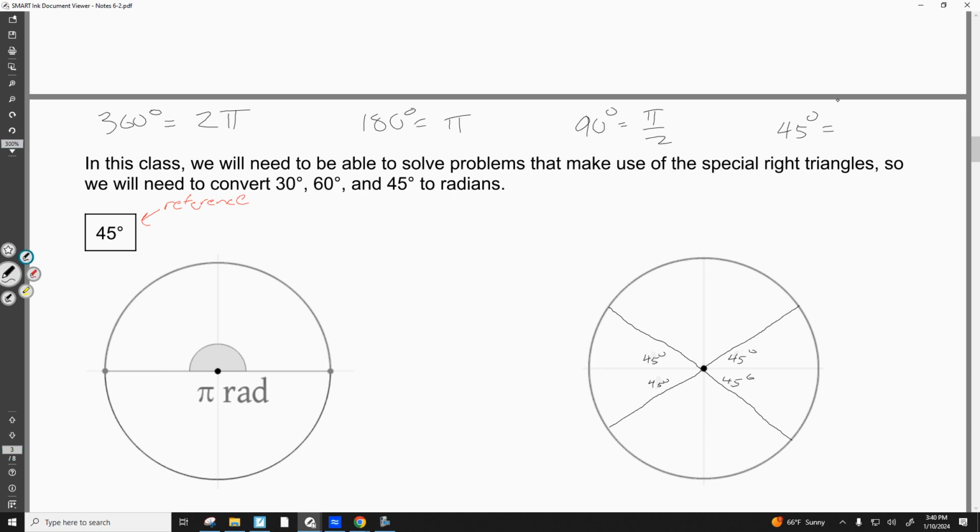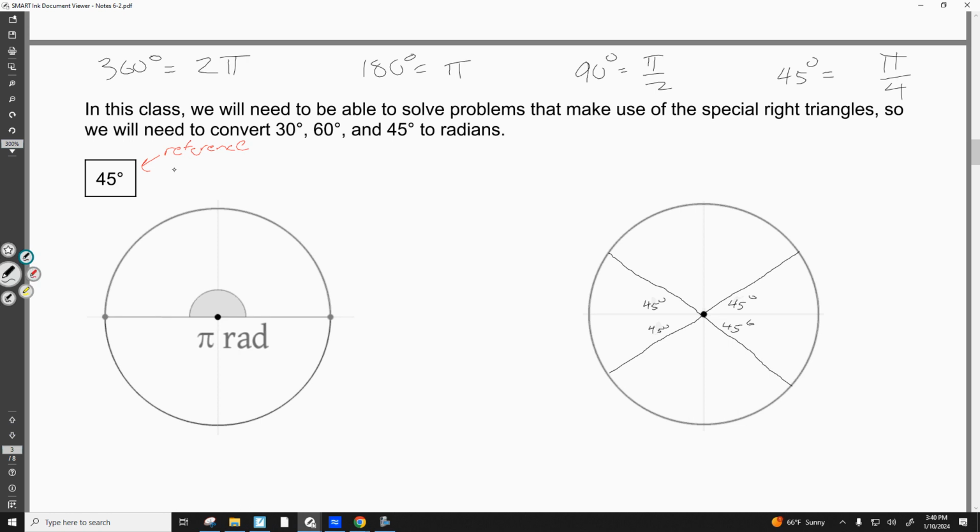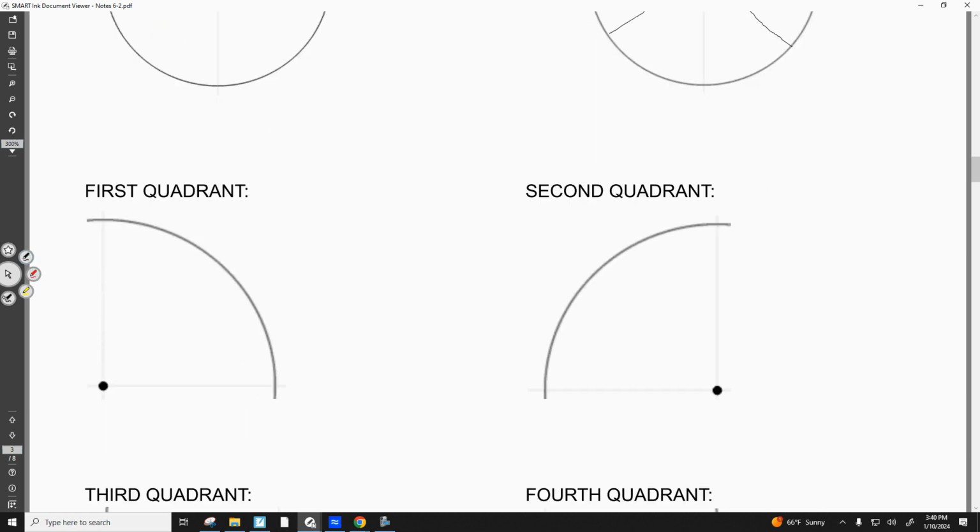Pi divided by 4, you nailed it. Okay, great. Pi divided by 4. A pi over 4 arc length is equivalent to 45 degrees. Pi over 4 arc length of a circle radius 1. Great. So, in the first quadrant, this 45 degree reference angle is equivalent to this arc length of pi over 4 radians. 45 degrees, pi over 4 equivalent. Okay.